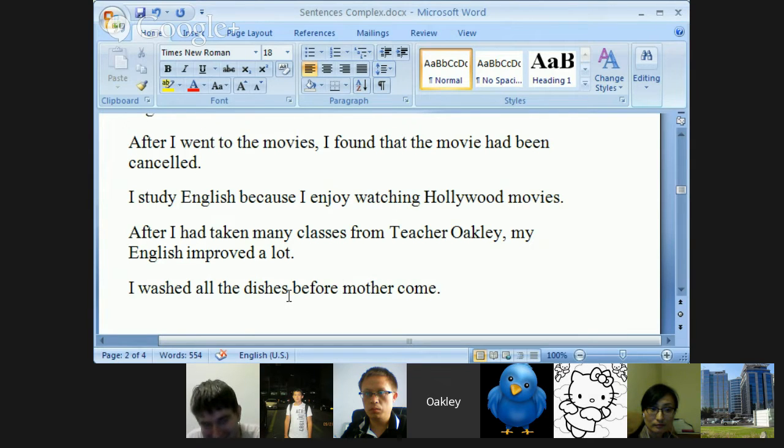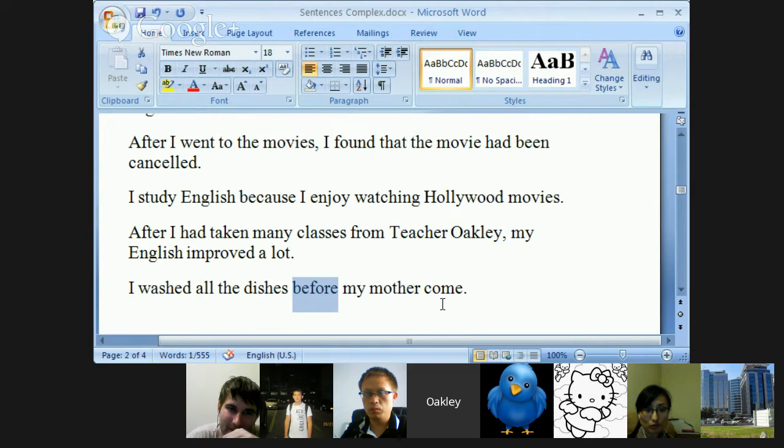I washed all the dishes. So you have to make it specific before, and probably you're going to need a determiner here. My mother. Okay. All right. And since we have before, before my mother, the verb here is in the present tense.